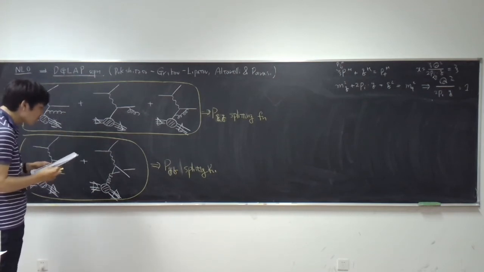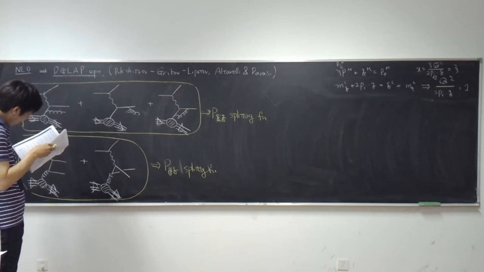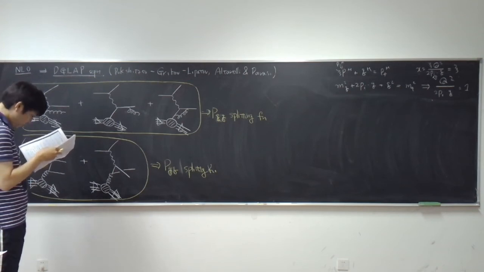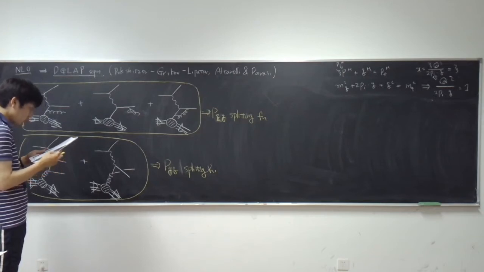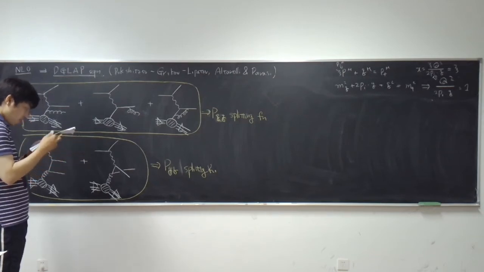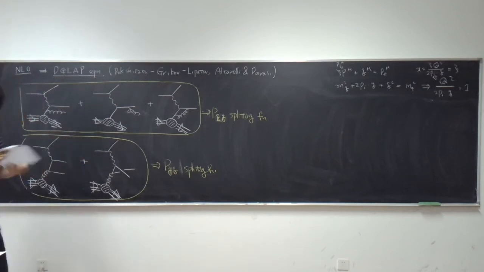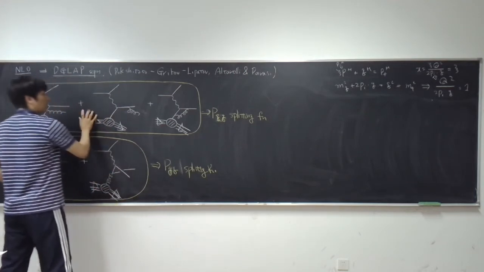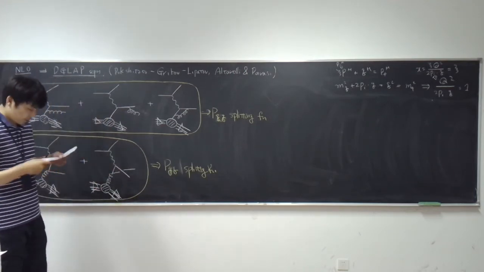Maybe this is called P_QG. I don't know why they are called that. I thought P_GQ. Okay, let's leave it as it is. I hope I'm correct. Okay, so let's divide these three diagrams first.